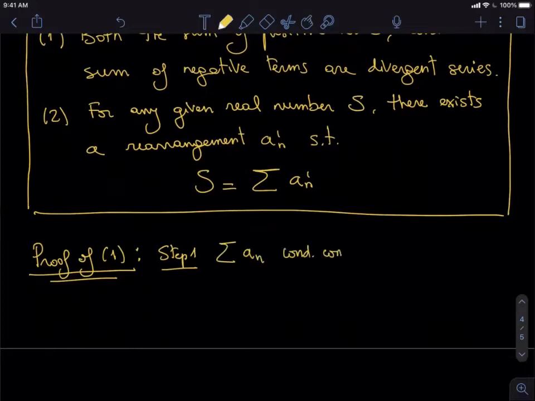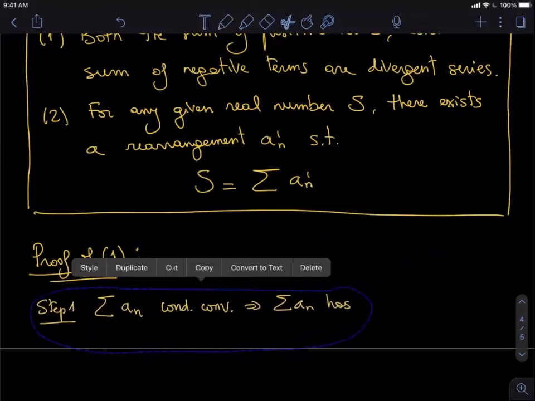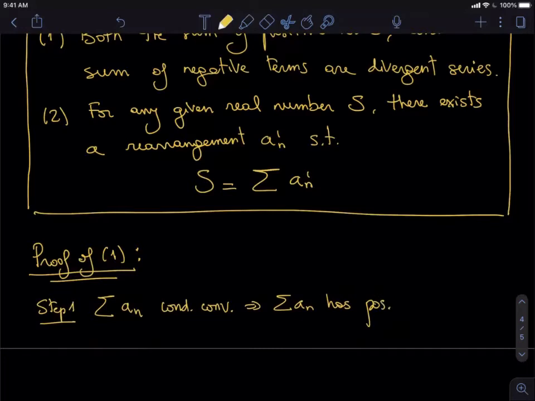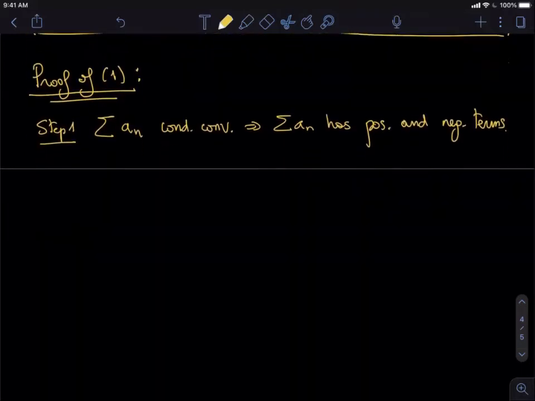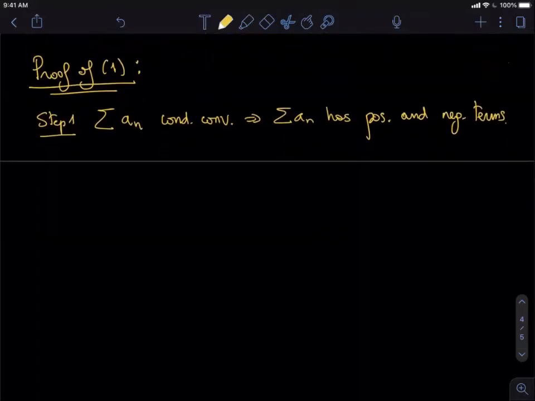Conditionally convergent implies the series has positive and negative terms. This is easy to prove because if all terms were positive or all terms were negative, then the series will be absolutely convergent. Write down the details.